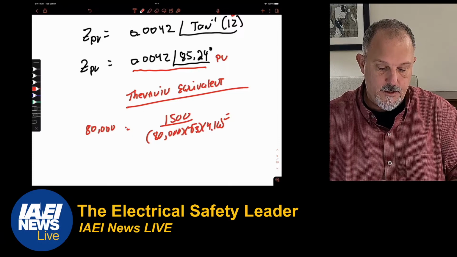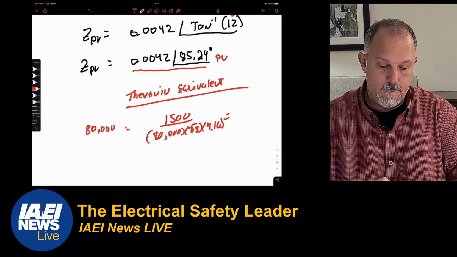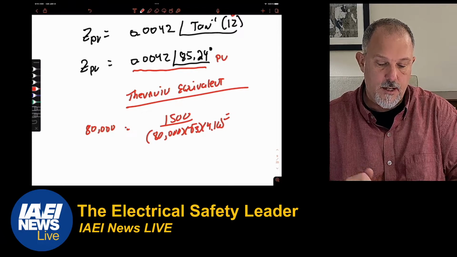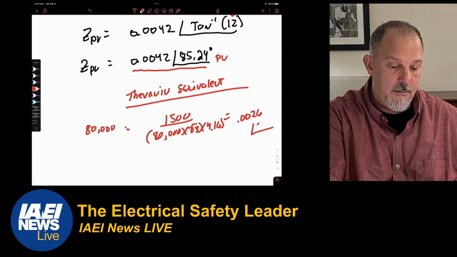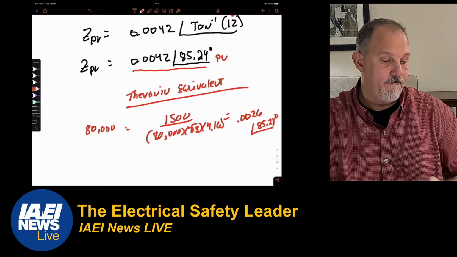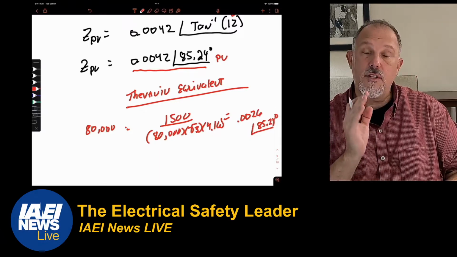So 1,500 divided by 80,000 divided by square root of 3 and divided by 4.16 is 0.0026. And it's the same angle, 85.24 degrees. So it went from 0.0042 to 0.0026.